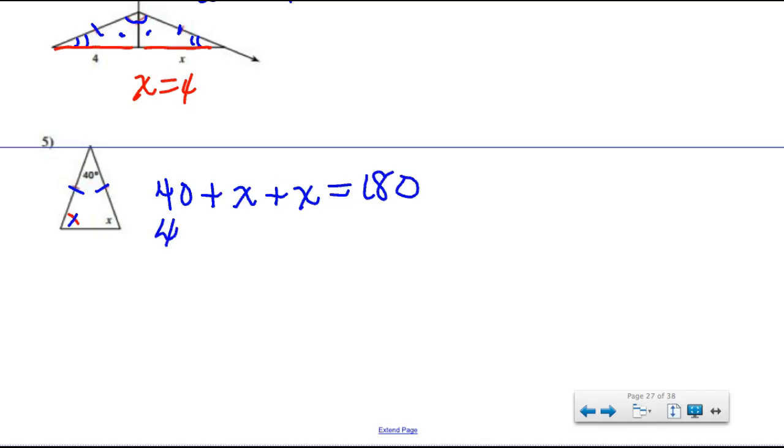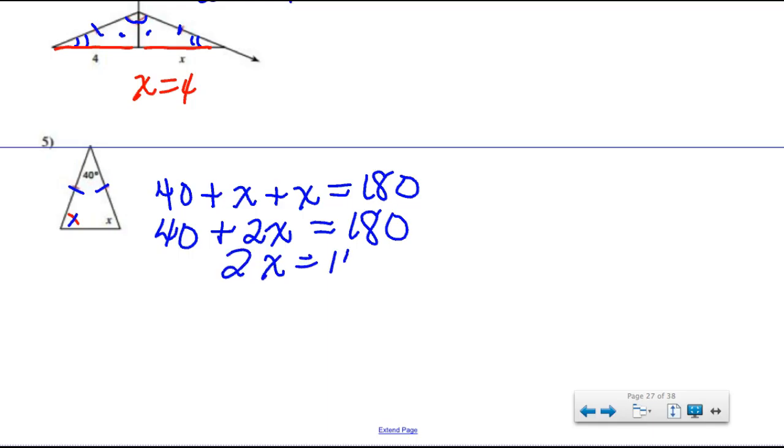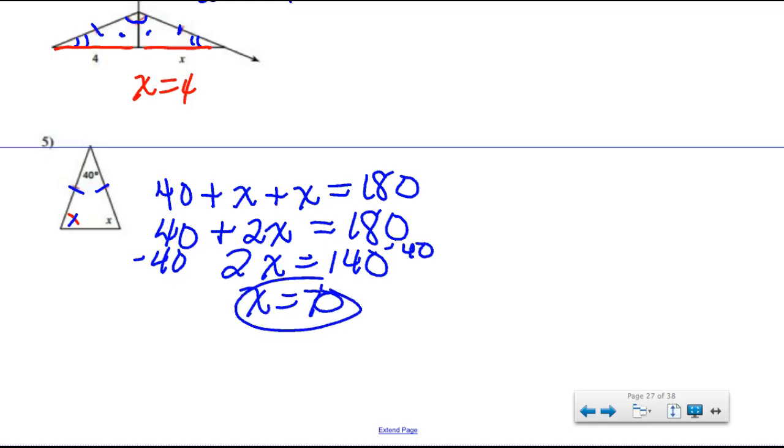So I get 40 plus twice x has to equal 180 degrees. So I get twice x has to equal 140 degrees, subtracting the 40 from both sides. And I get x is equal to 70. So what I know is the base angles on this triangle are 70 degrees. And if you look at it, all those angles, when added together, have a grand sum of 180.